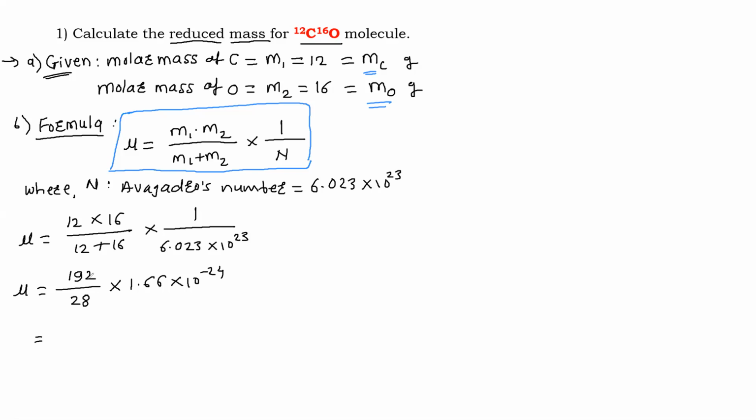In the next step, if you solve 192 divided by 28, the answer will be 6.857171 into 1.66 into 10 raised to minus 24.